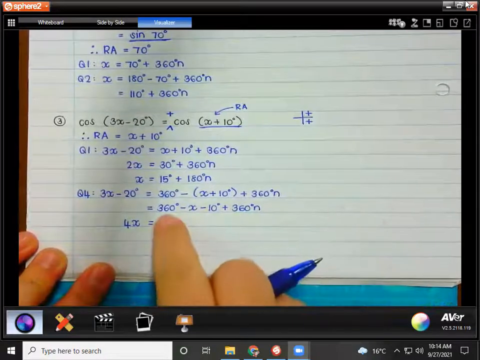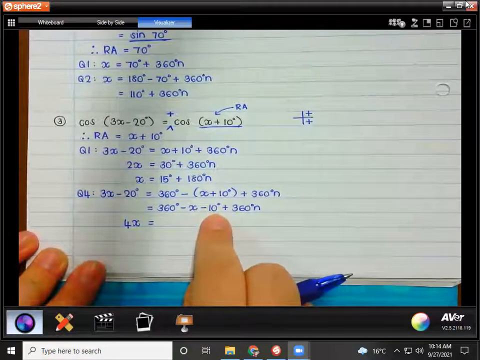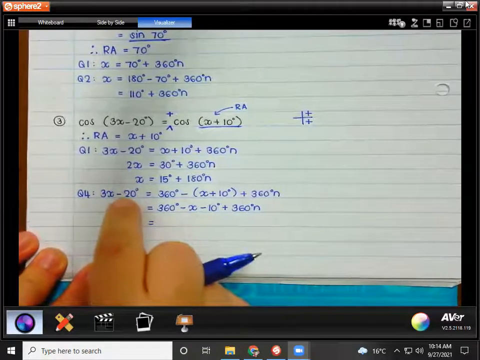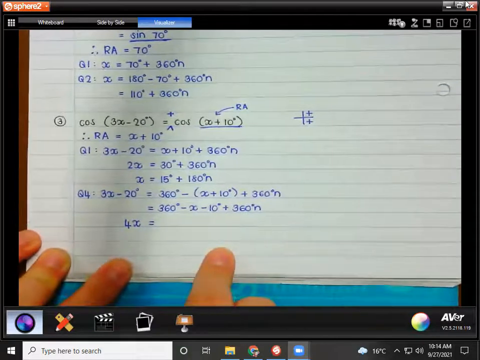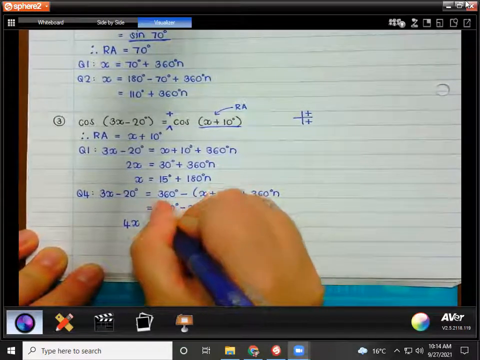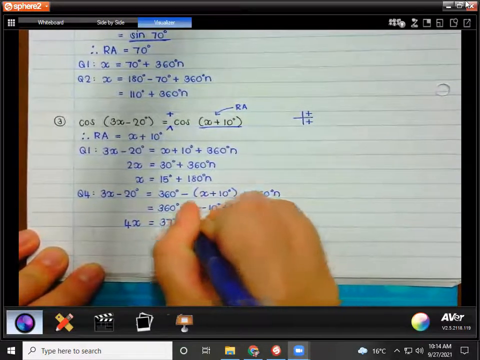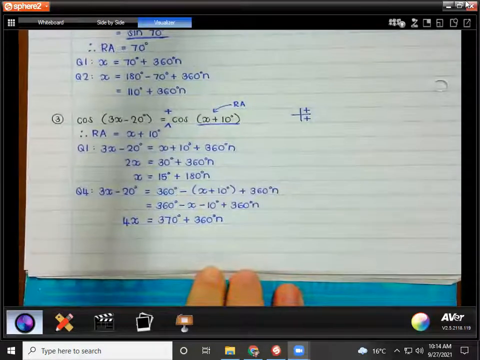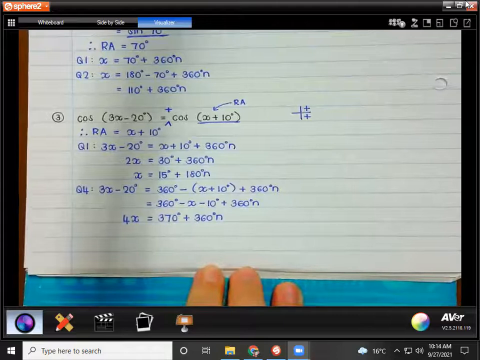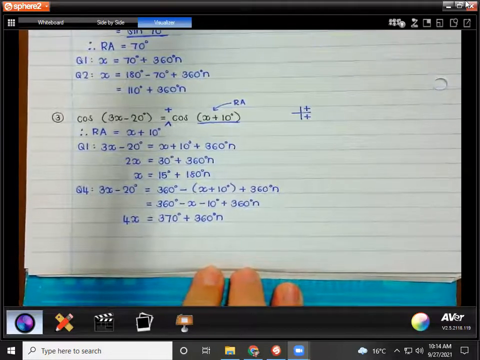we have 360 minus 10, which is 350, right? And then this minus 20 must also move. It's going to become plus 20. So 350 plus 20 is 370 plus 360n. Now guys, this is one of those cases where if you use your calculator to divide 370 by 4, I mean, I'm not going to know.